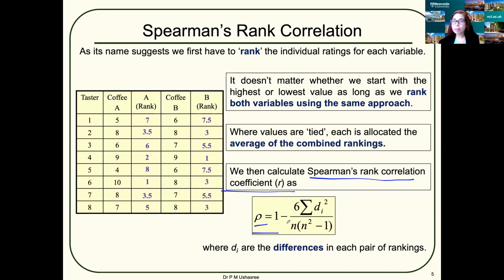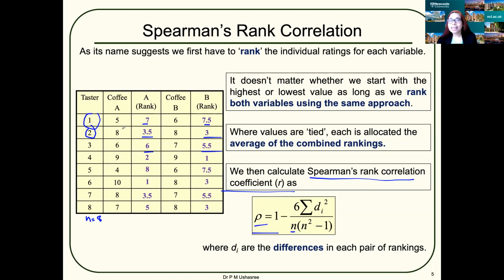Rho is equal to 1 minus 6 times sigma d square over n times n square minus 1, where n is the number of tasters. So we have n equal to 8 here, and d is the difference between the two rankings, that is 7 minus 7.5, 3.5 minus 3, 6 minus 5.5, and so on. And when you say sigma, you find the difference, square it, and sum it up.